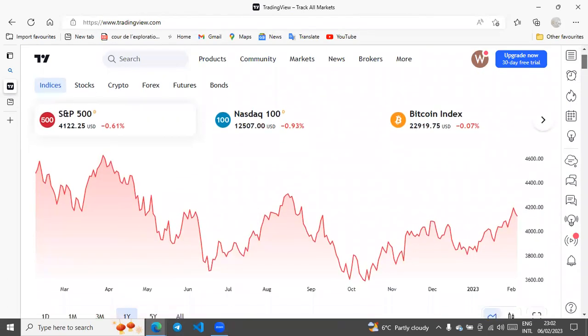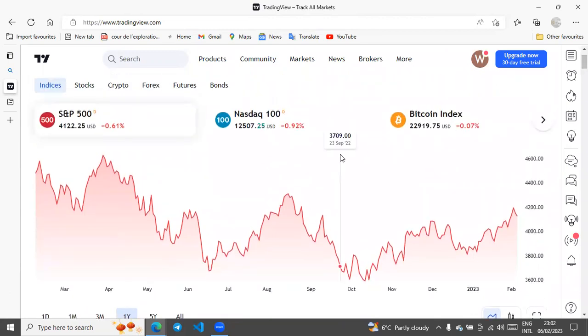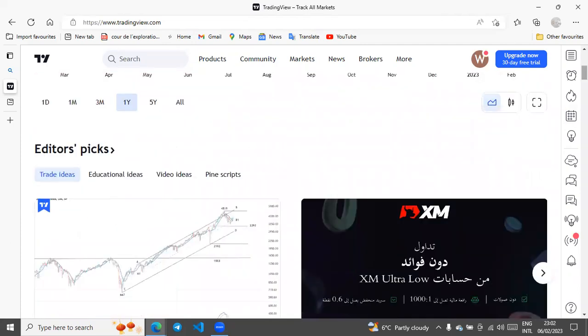Now, when you come here, you see how this is looking. When you scroll down here, there's this one for candles. I like using candlesticks, so go on candlesticks.